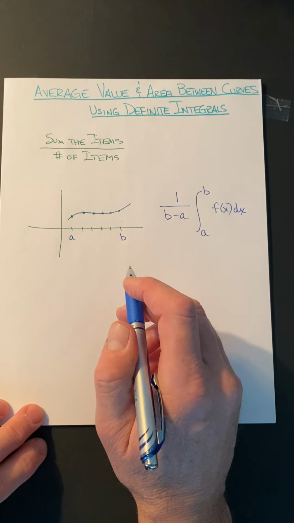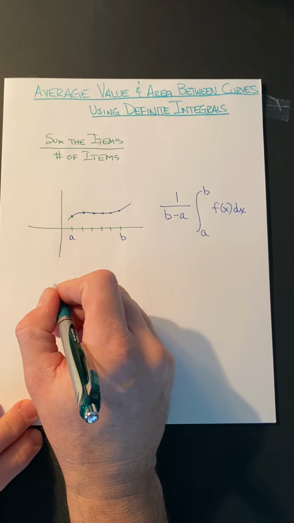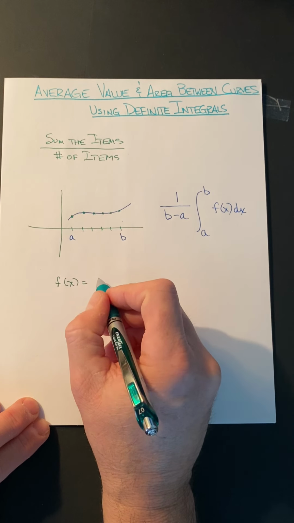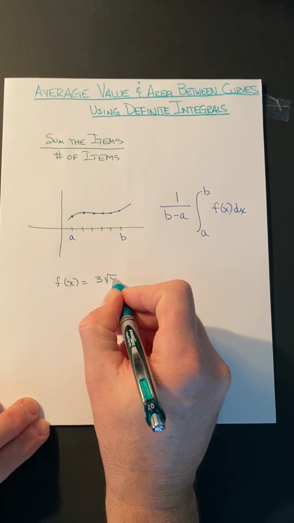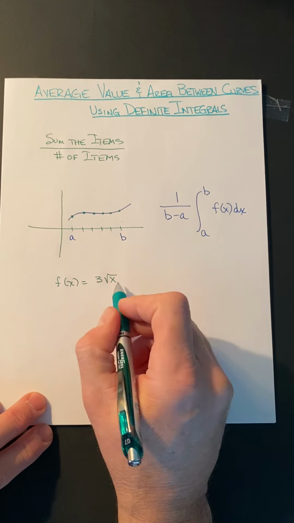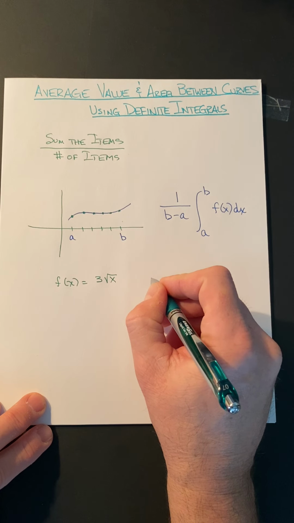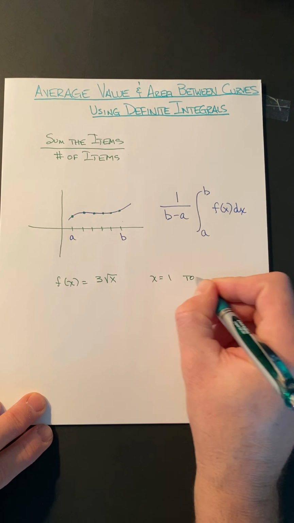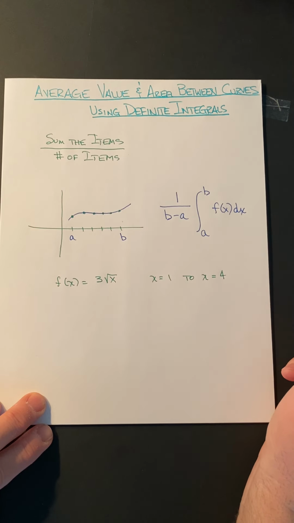So if I wanted to take a function f that was equal to, how about 3 radical x, and I needed the average of this function, however it looked, from, let's say, x equals 1 to x equals, how about 4, for example, okay?